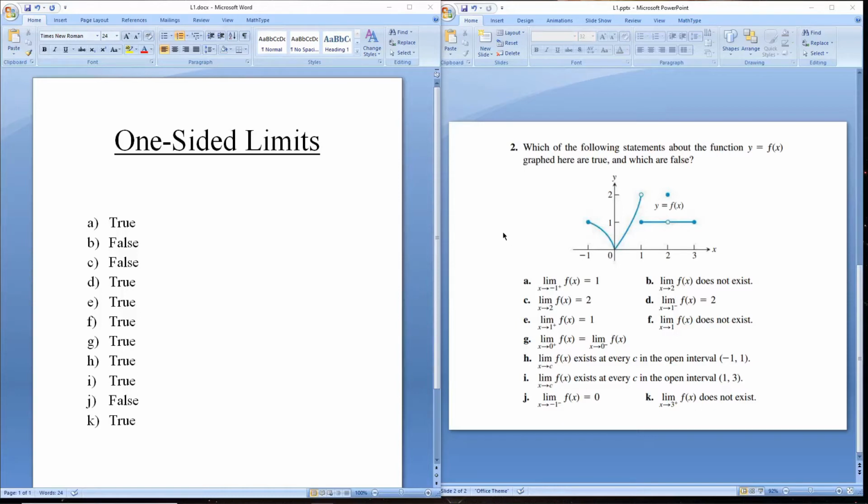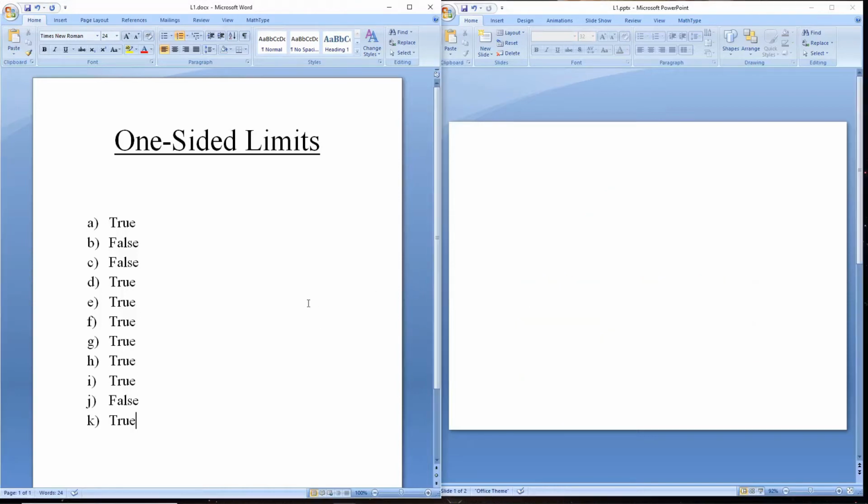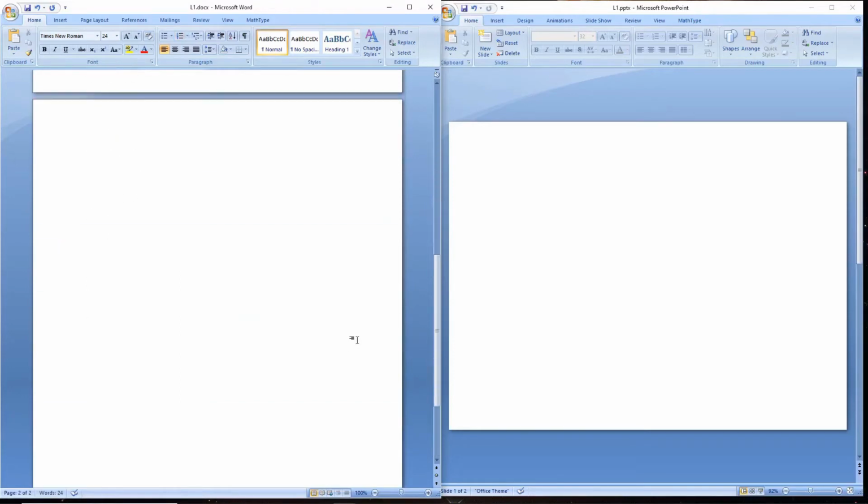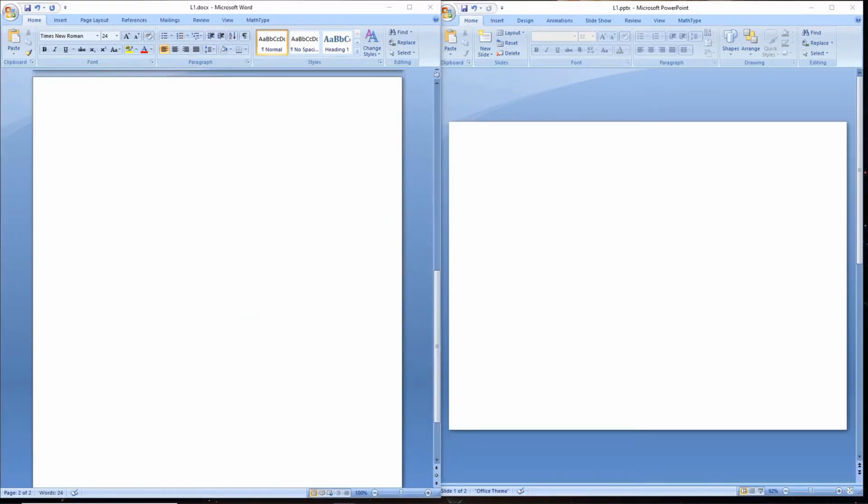So let's check out a couple other problems here. And here's another problem from the book, this limit here. And so they're asking for a one-sided limit, approaching -1/2 from the left.